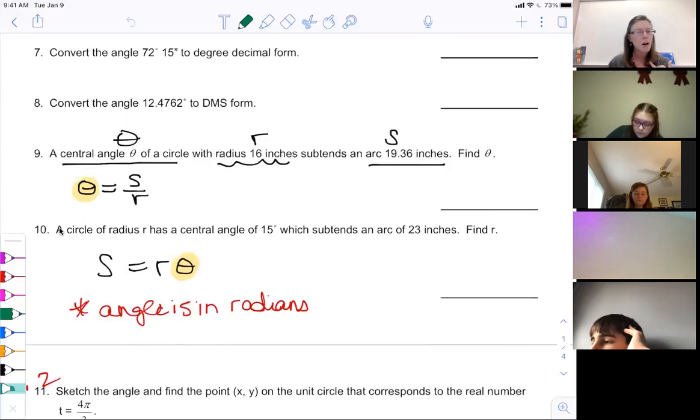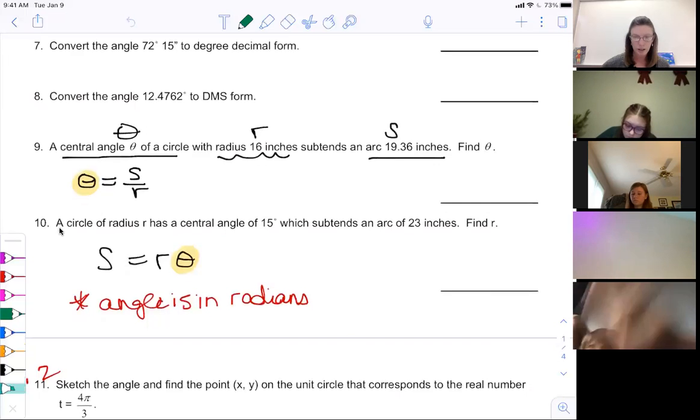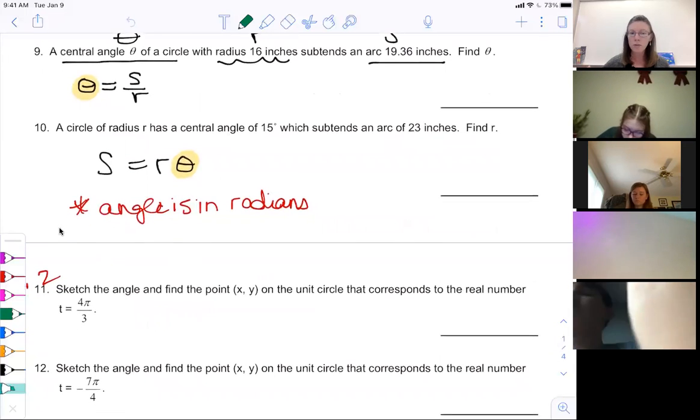So anytime you have an arc, a radius, and a central angle, I have the 2 formulas written. Just depends on what we're trying to find or think about. But the key thing is the angle is in radian measure when you're using those formulas, because it's the formula for radian measure. So the angle that you find will be in radian measure, but if you're using an angle, it has to be in radian measure. So 1 through 10, all of section 4.1.